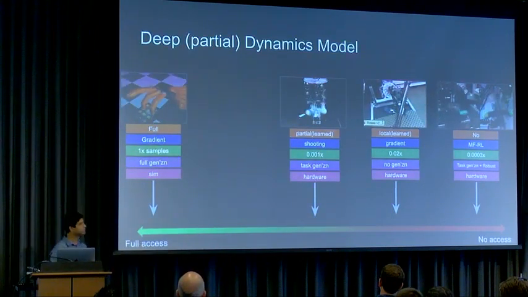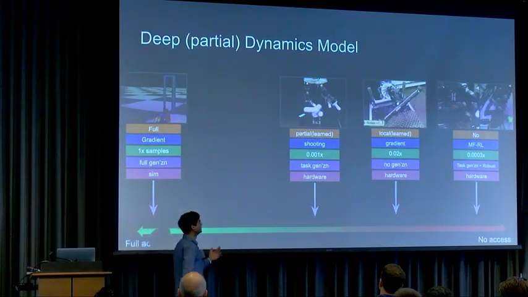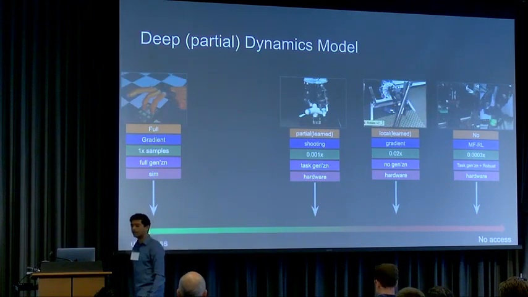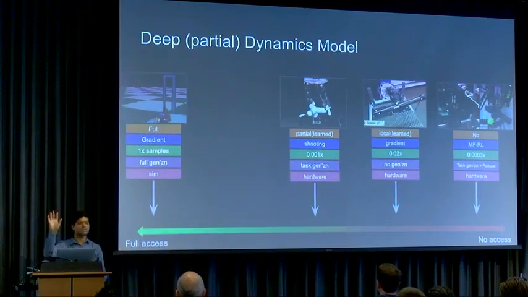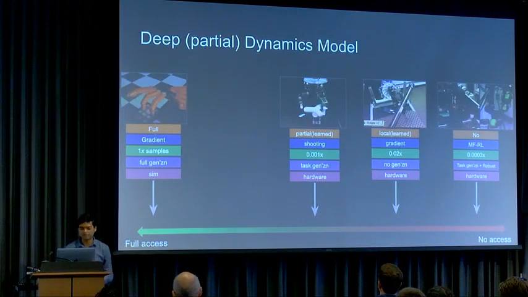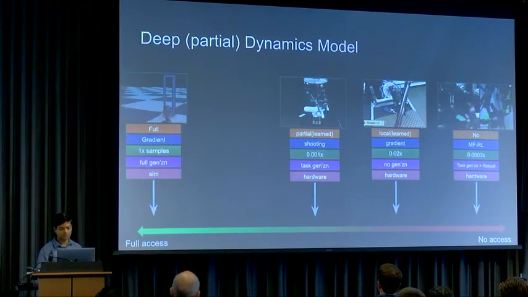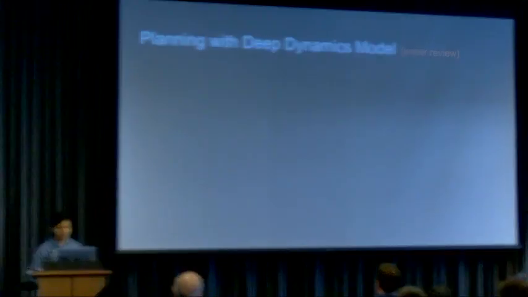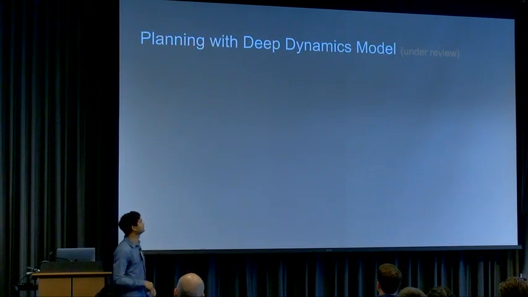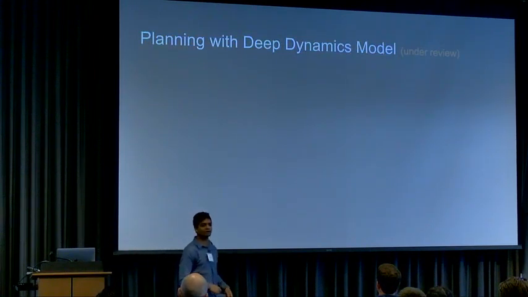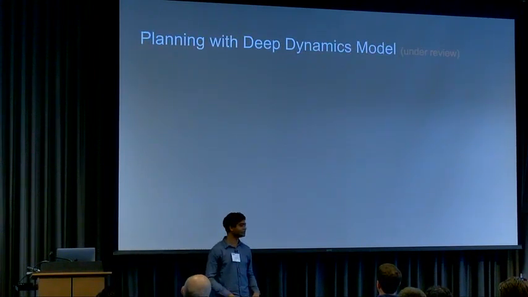Okay, so we are going to move a little bit to this side of the system now, where we start learning not local, but partial models. Let's see what the details are. The details are somewhat weird because this is under review, and since I am no longer in academia, Google lawyers tell me that I can't share the details.